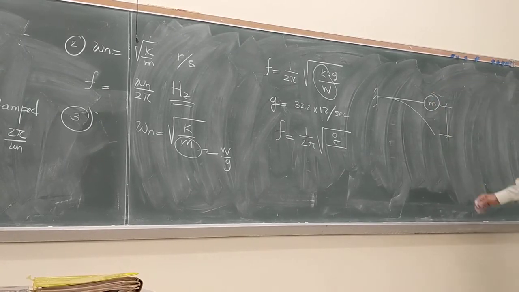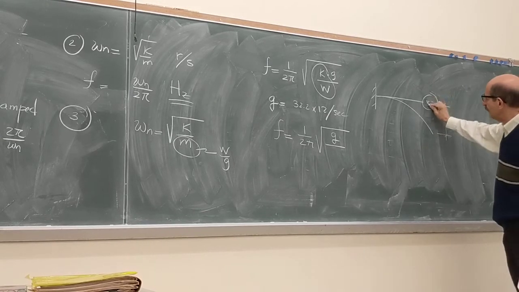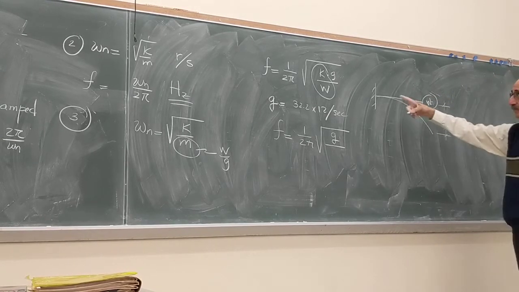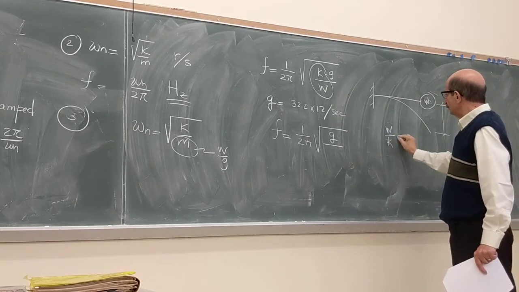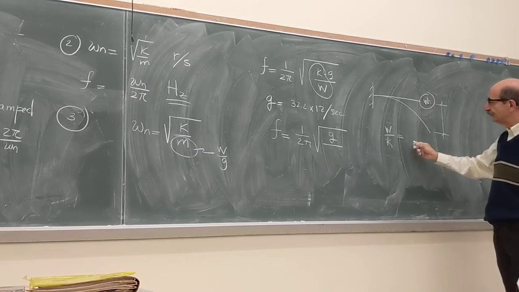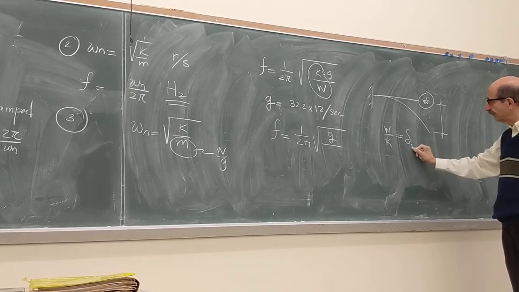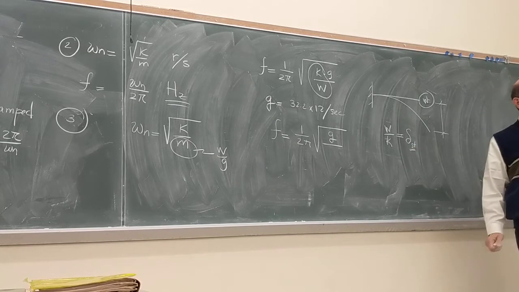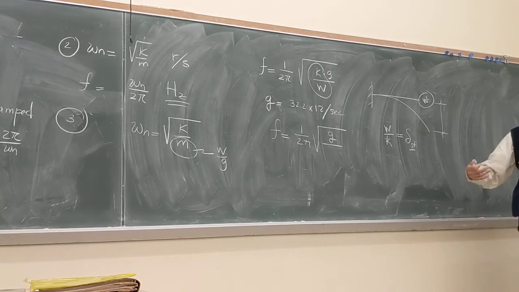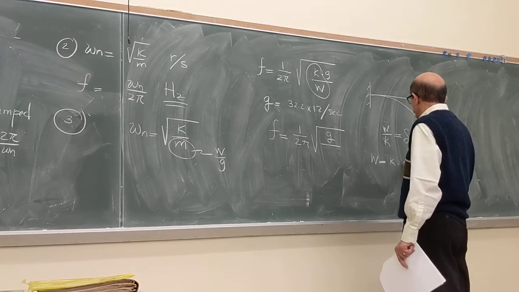The system is moving, oscillating in one direction, and this is the weight. W over K is what? It is the static displacement of the system under its own weight. W is K times this.